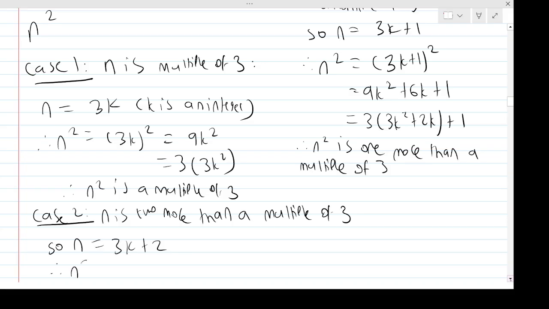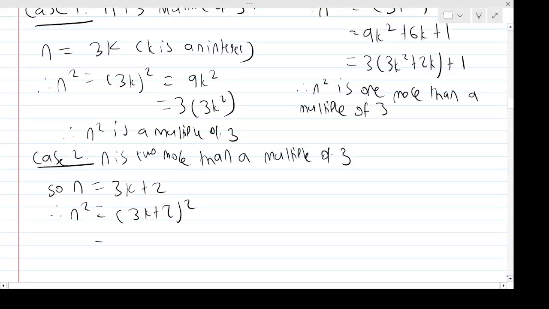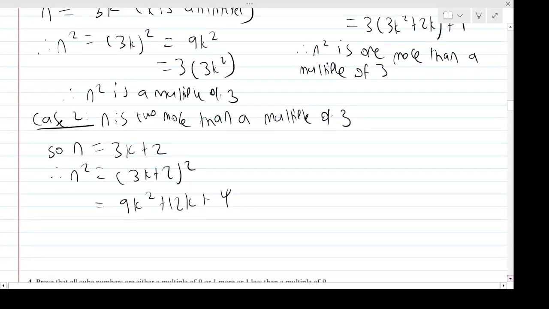Therefore n squared is going to be 3k plus 2 all squared, and so if we expand it, that's 9k squared. 3k times 2 is 6k, another 6k would be 12k, and then 2 times 2 is 4. Okay, so then I'm going to try to factor a 3 out, and I can factor a 3 out here.